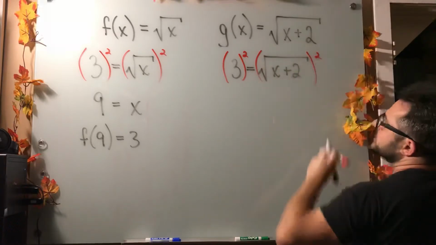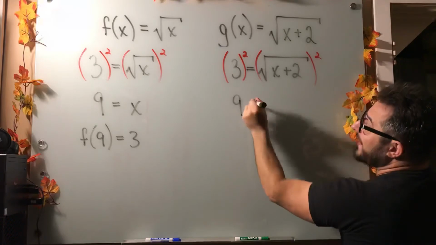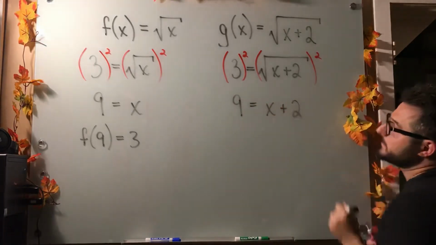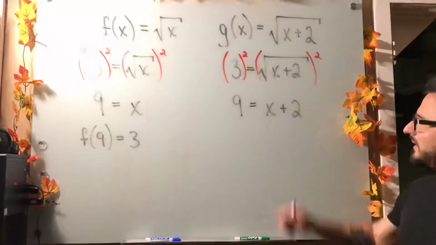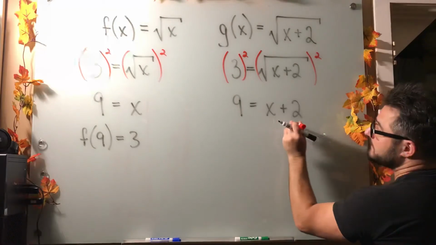We're still going to have to square to get rid of that radical. We're still going to get 9 at first, but we then need to make a change by solving for x.